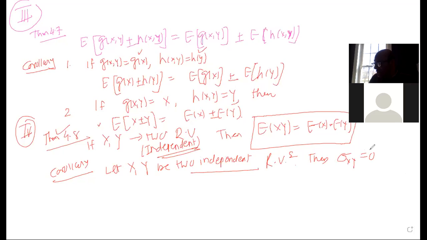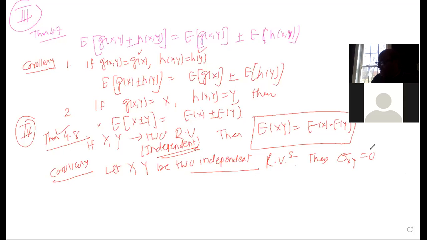Now I would like to go for one example from the book, based on theorem number 4.8. So let's go for this one, and after that we are going to generalize the probability distribution.